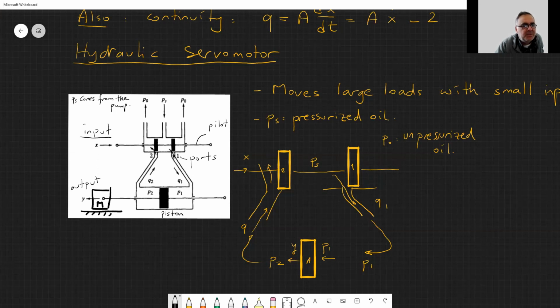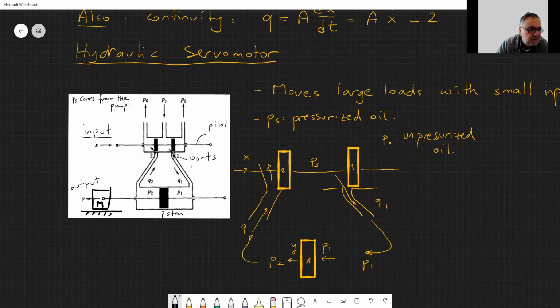So it doesn't apply a net force on the pilot piston. Do you understand? So it is very easy to move this X with a very low amount of force, like, with your finger you can push it even. It's not hard to do.